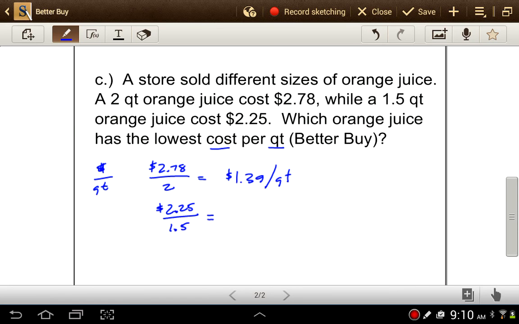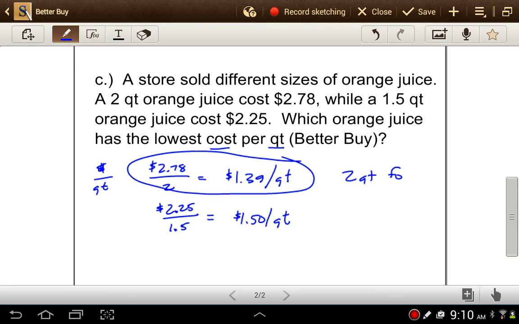When I divide those, I'm going to get $1.50 per quart. Okay, which one's a better buy? Which one has the lowest cost per quart? Well, the first one did. $1.39 is less than $1.50, so the better deal is the 2 quarts for $2.78. That is our better deal. Okay, it's our better buy.